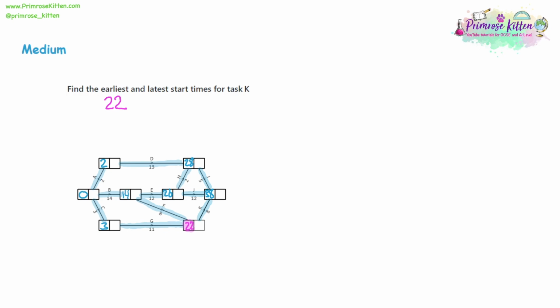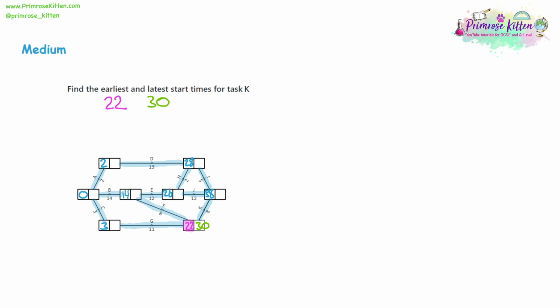So there's a whole 8, let's say, hours for the time unit where nothing's happening in regards to task K. So what we could do is not start K at 22. We could actually wait 8 hours. We could start task K at 30, it would take 8 hours, and we would still finish at 38. So we take 38, and we take away 8, and we get 30. And so 30 is the latest start time for task K.